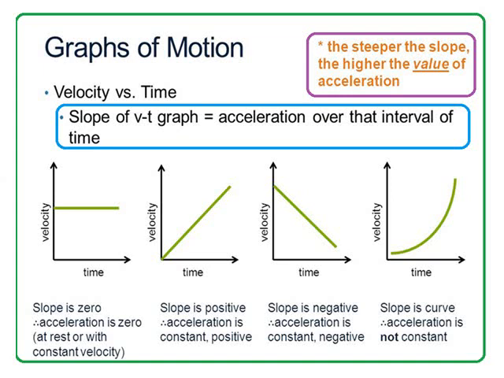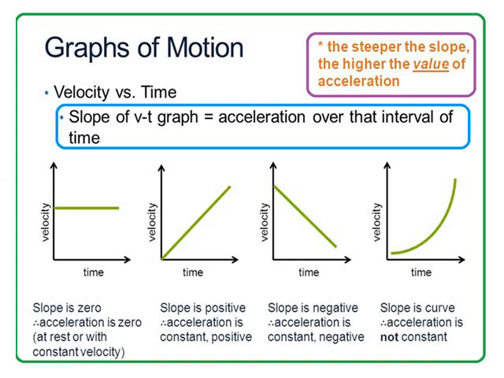Now look at the next graph. The line is exactly opposite in nature of the previous graph. So we have already seen that this line represents decelerating motion, and so we can find out the slope of this line also, but the value of the slope will be negative, which indicates that the body is with a negative acceleration.